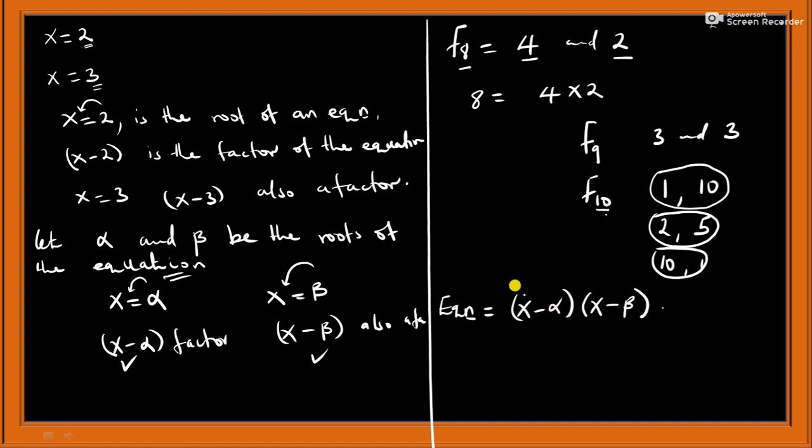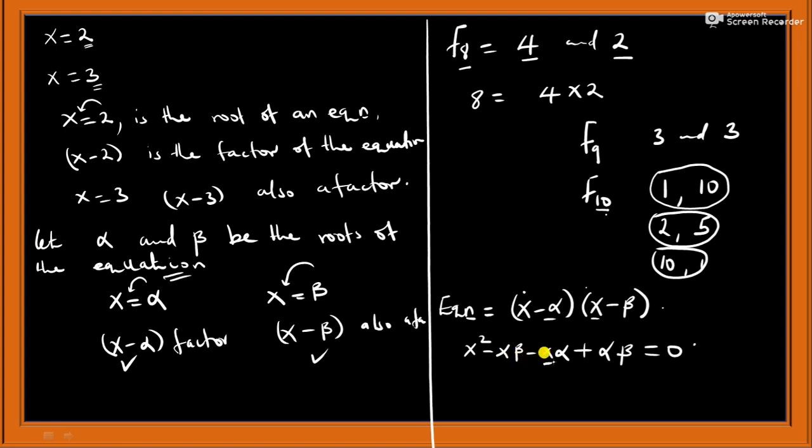Now if I open the bracket, x times x is x squared, x times negative beta is negative x beta, negative alpha times x is negative x alpha, then plus alpha beta equals 0.